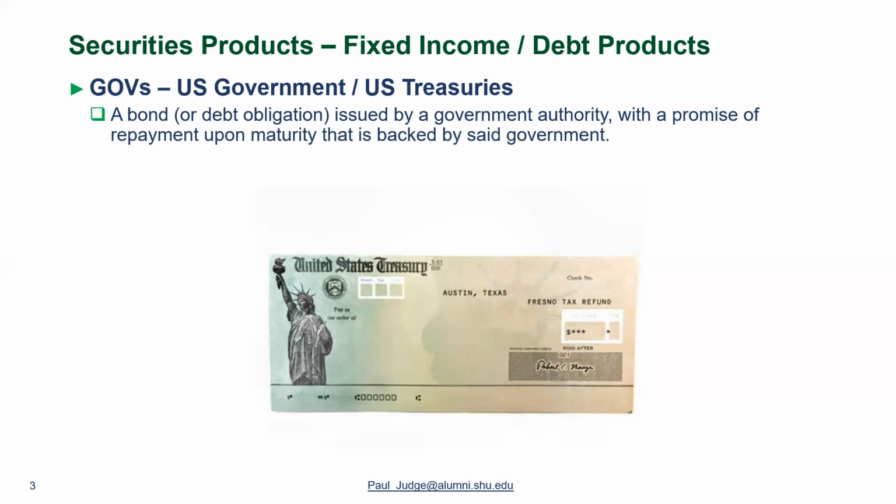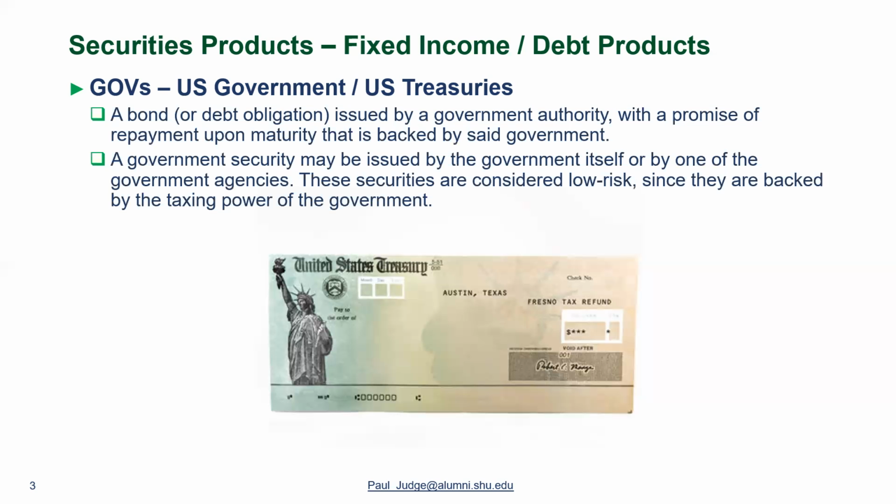So a bond or a debt obligation is issued by the government authority with the promise of repaying upon maturity and is backed by the government. That's the U.S. government security. Government securities may be issued by the government itself or by one of the government agencies. These securities are considered low risk since they are backed by the taxing power of the government.